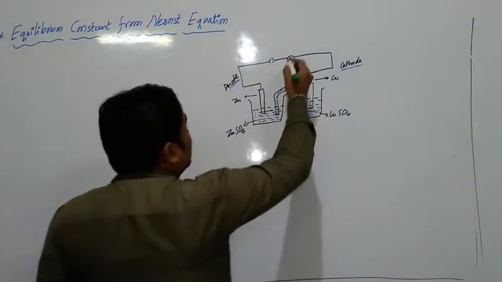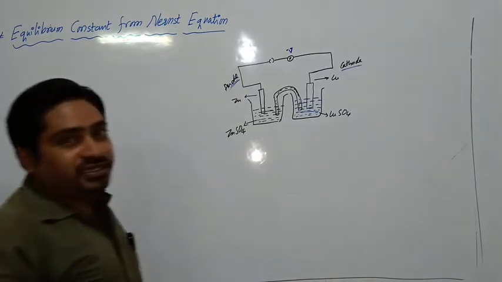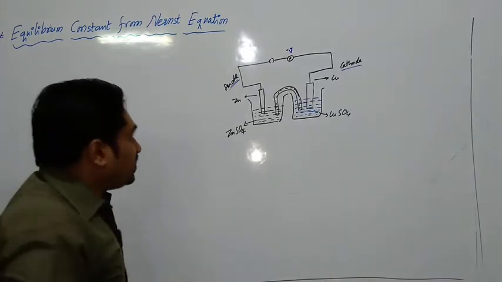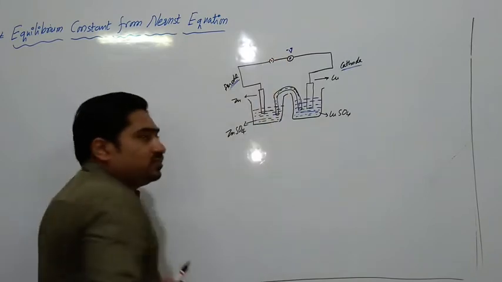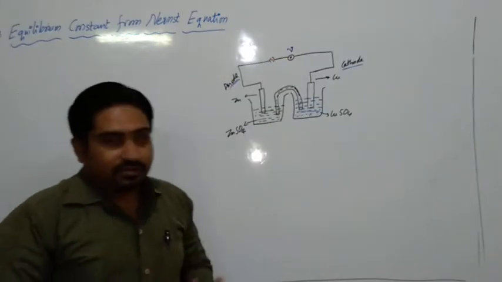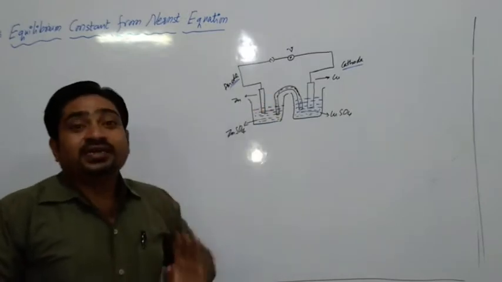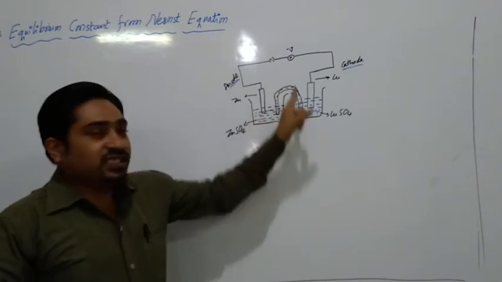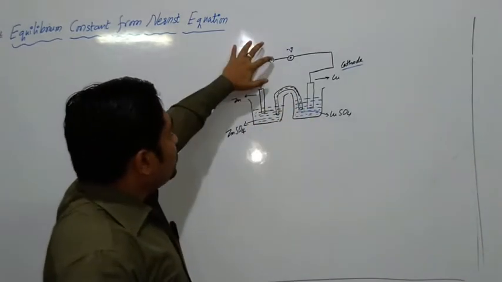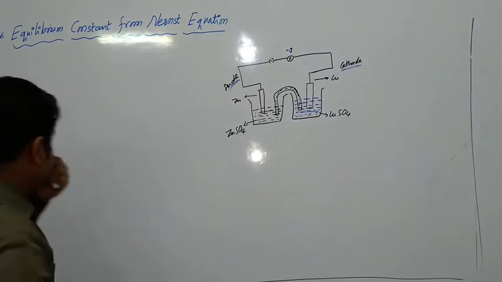Here I have inserted a voltmeter to measure the potential difference or voltage in the cell. As soon as the key is placed, the circuit is completed, and the chemical reaction in the cell starts. Which chemical reaction takes place in the Daniell cell?